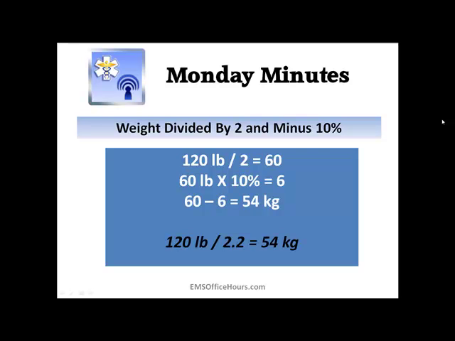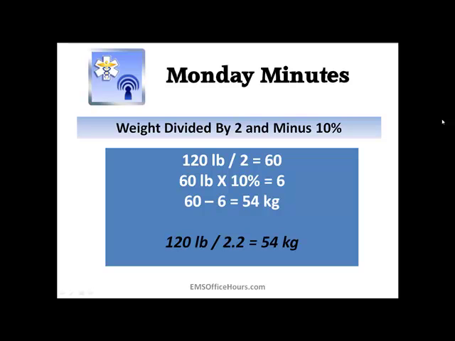Now, the other way that you can do it, which might be a little easier for some people because then you don't have to worry about the 2.2 or the decimals, is by taking the patient's weight in pounds, dividing it by 2, and then minusing 10%. You've got an extra step here, but it can be a little bit easier for you.